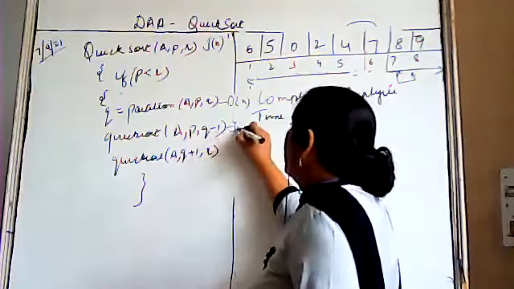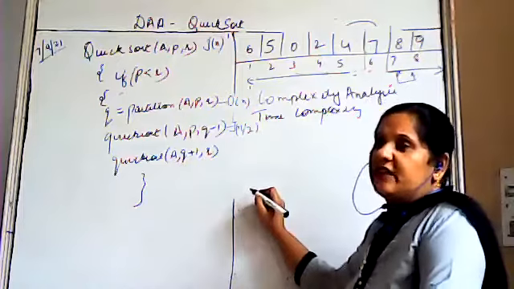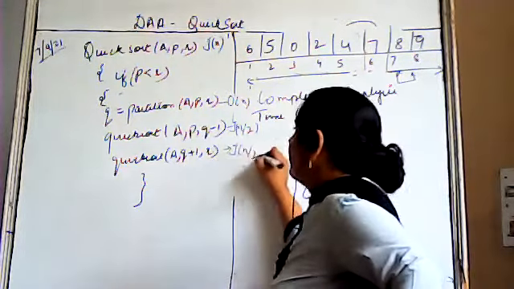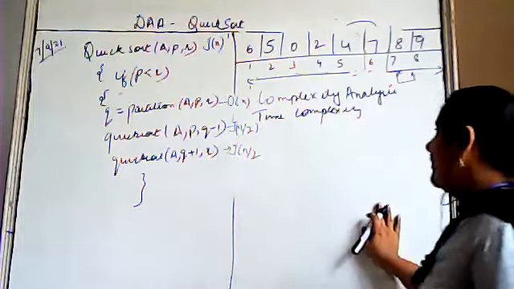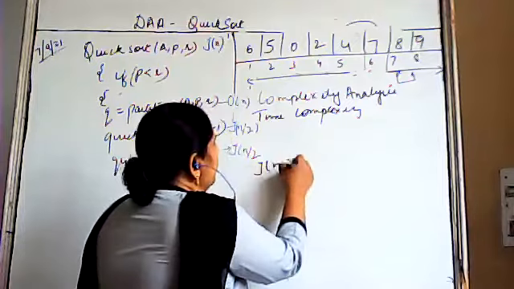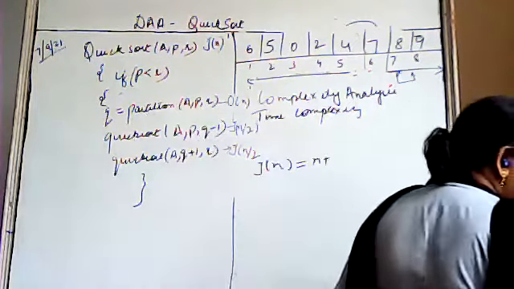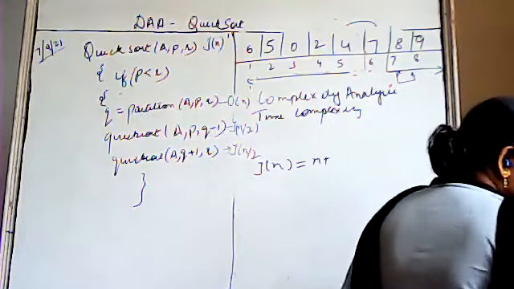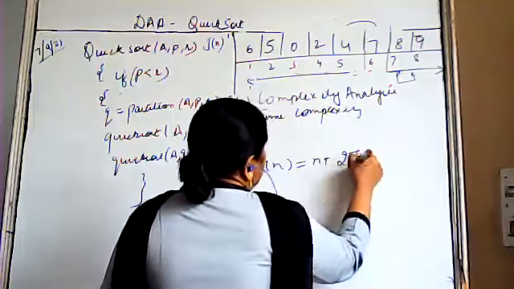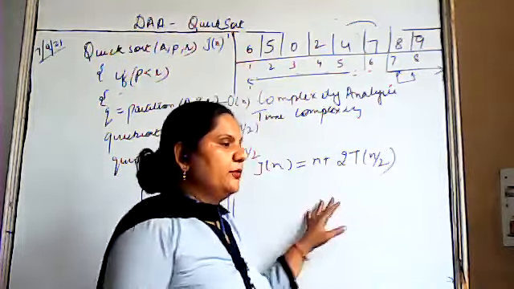And this will be T of n by 2, since we are partitioning the list. Either the halves are equal or they are not equal, but still we are dividing the list into 2 equal halves. So roughly we can say T of n is equal to n, or any constant, plus 2 T of n by 2.